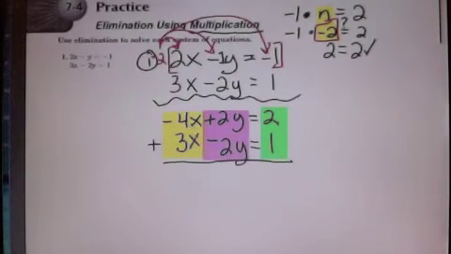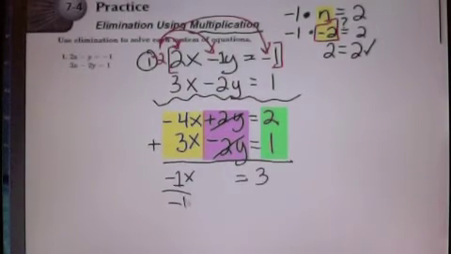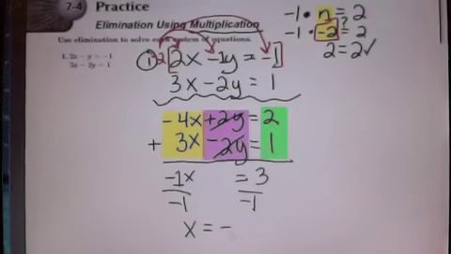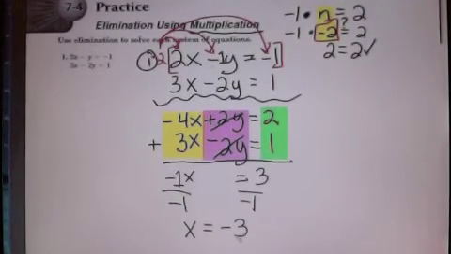Negative 4 plus 3, well, a negative 4 and a 3 give me a negative invisible 1x. The 2y minus 2y have now canceled. They're eliminated. And 2 plus 1 is 3. Divide by the negative 1. I get x equals negative 3.